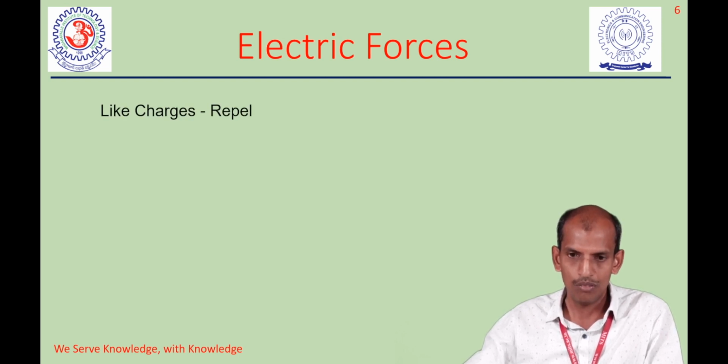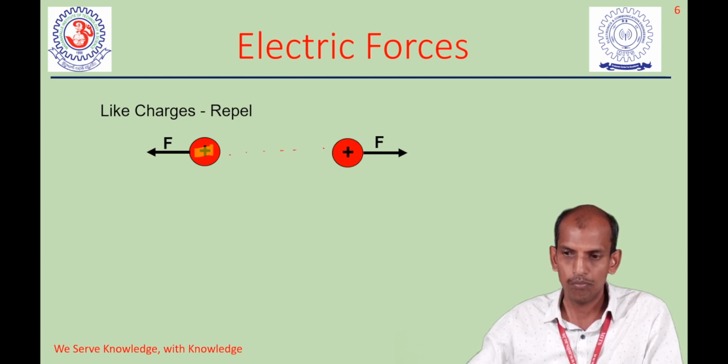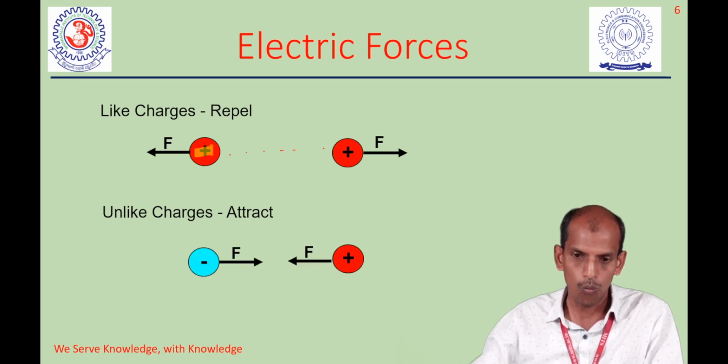So see, before we go to Coulomb's law, we should know that like charges always repel each other. That is what you see. If I have two positive charges, they will repel, they will go away from each other. But if you have two unlike charges, one positively charged and another negatively charged, they will attract each other.